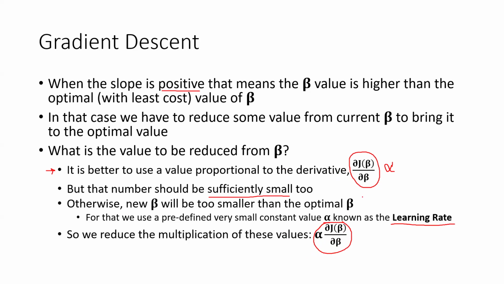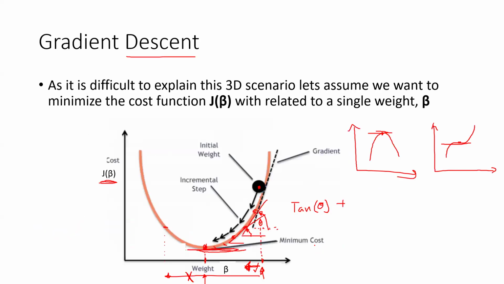Not the exact value or a higher value, because we want to move slowly, step by step, not all at once. If you move all at once, you would move away from the optimum point. If you add a large value, it would go further away from the original point and move here and there.